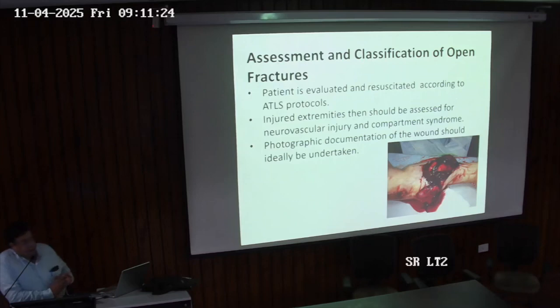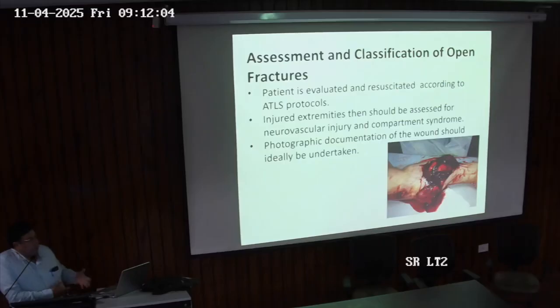So the patient is evaluated and managed according to ATLS protocol. Then the injured extremity is assessed for neurovascular injuries. Distal movements, finger or toe movements, then sensation in the areas of nerves. Do you know autonomous zones, which are regularly supplied by the same nerve?